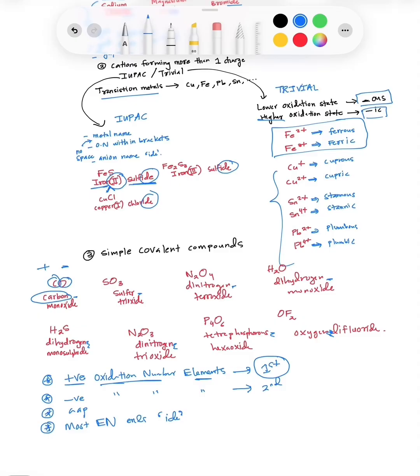The most electronegative element means the negative oxidation number element. See here, the negative oxidation number element is oxygen, so it ends with oxide. Here also oxygen ends with oxide. Here as well oxygen ends with oxide. Here hydrogen is positive, so it comes first, and sulfur is negative, so it comes second, and it ends with ide because it is more electronegative when compared to hydrogen.